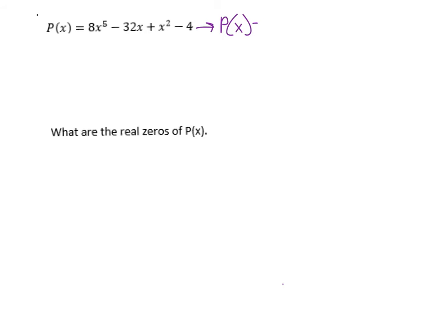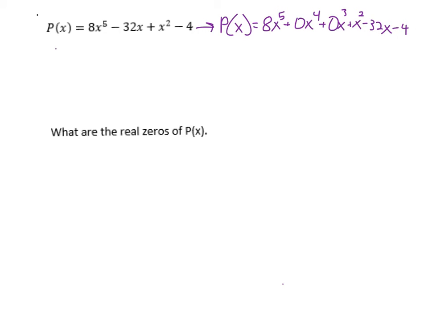P of x equals, I notice 8x to the 5th is the biggest exponent, but we're missing x to the 4th, so I'm going to put +0. We're missing x to the 3rd. We have x squared. And we have our plain x, and we have our constant. Yikes. All right, so that's kind of what the polynomial should look like with all terms present.